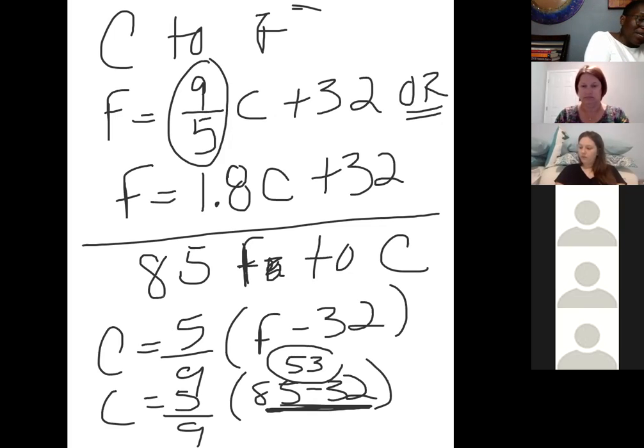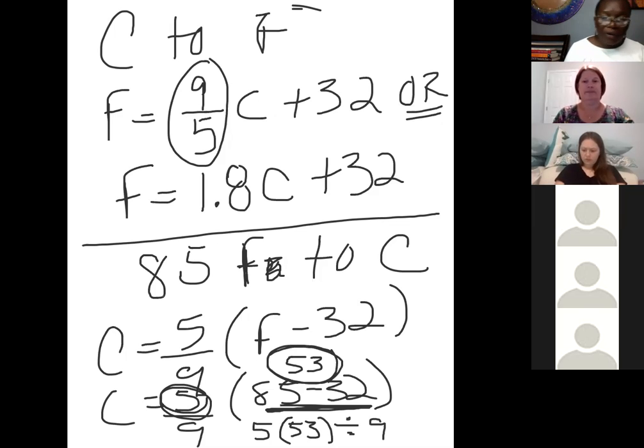And then to calculate this, you would take the 53, multiply it by 5, and then divide it by 9. So let me write this down for you guys. You would do 5 times 53, and then divide it by 9 on your calculator to get your Celsius temperature. Somebody throw that on a calculator, please. What does it come out to?